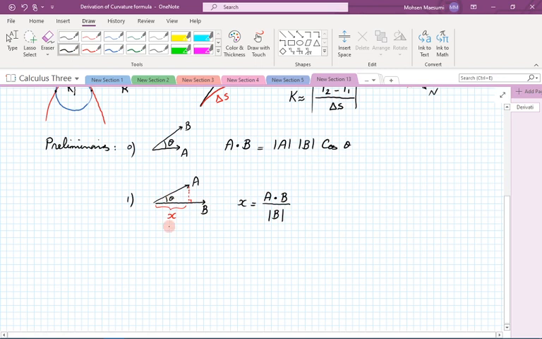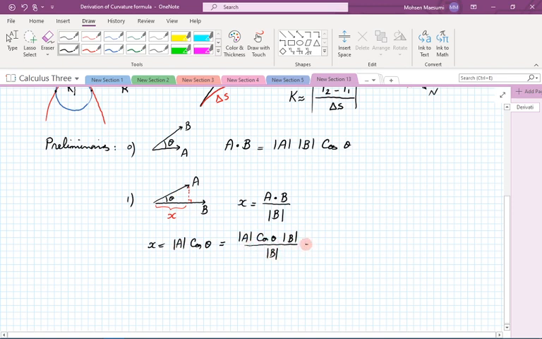Suppose this is the angle theta. Then I see that X is the length of A times cosine of theta. X in fact is adjacent to this angle. So let's multiply numerator and denominator of this thing by the length of B. So I take this as A cosine of theta multiplied by B, and divide by the same thing.